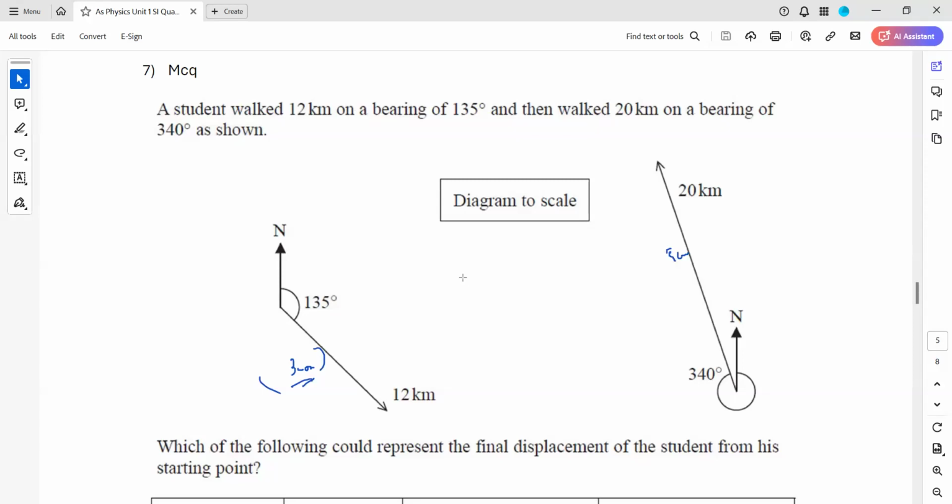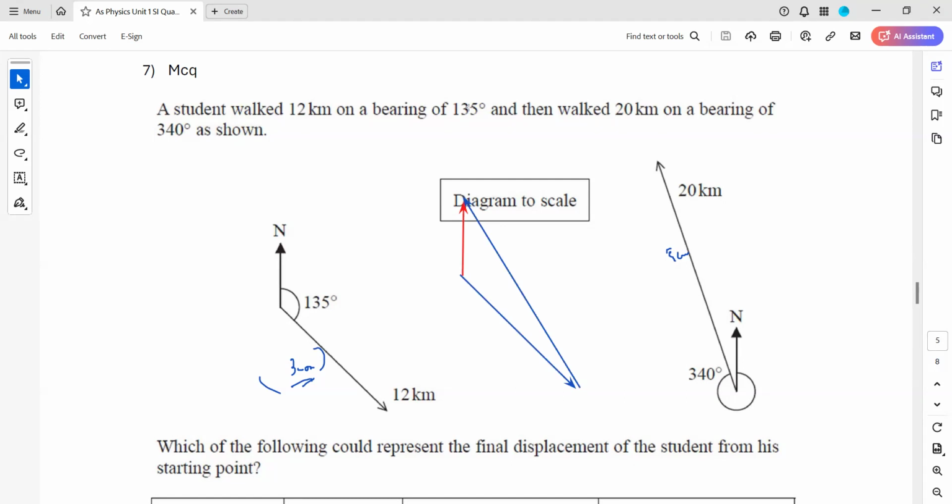So you have to draw according to the scale, like first 3 centimeters at an angle of 135 from the bearing, that means north, and then 340 clockwise from north, or 60 you can also say from vertical. You draw 5 centimeters, and then to get the resultant, it will be from the tail of the first vector to the head of the last.